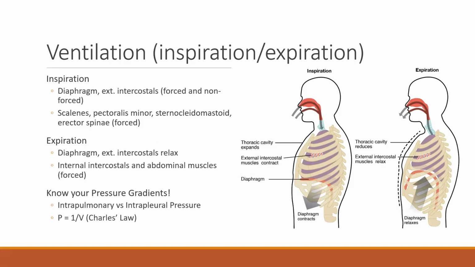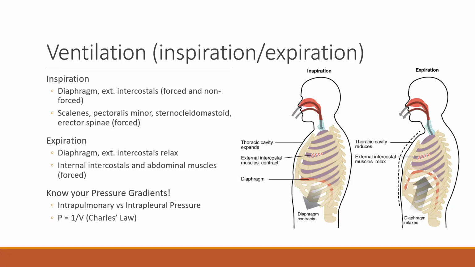The way I've seen this question broken down in the exam is a select-all-that-apply style. It might ask you to select the muscles that are involved with forced and non-forced inspiration, or only forced expiration. So having a running list of which muscles are included in each type of inspiration and expiration will help you with that question.